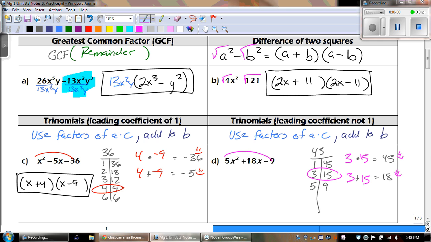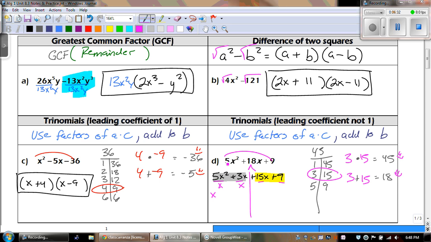And remember, it's got to work for both of them. So now we're going to split the middle term, where we get 5x squared plus 3x plus 15x plus 9. Draw the line down the middle. And what's the GCF of the gray? The GCF of the gray is an x.